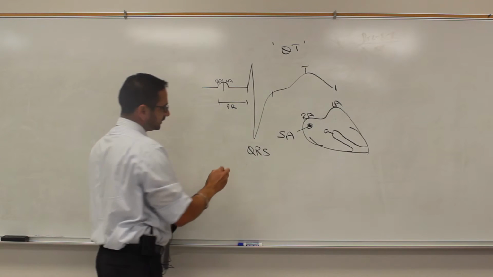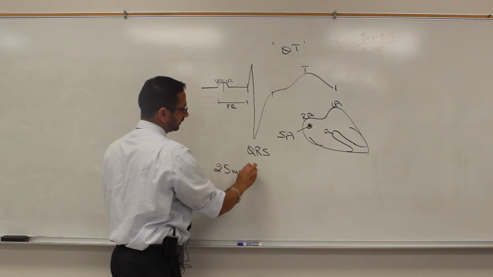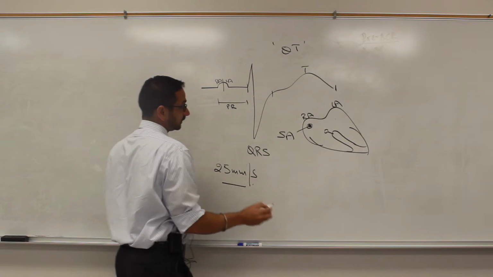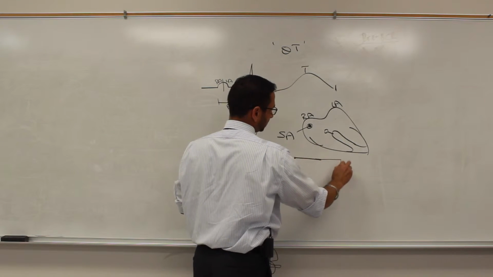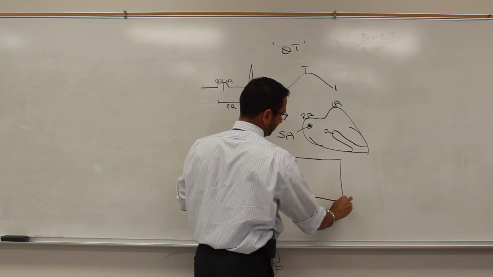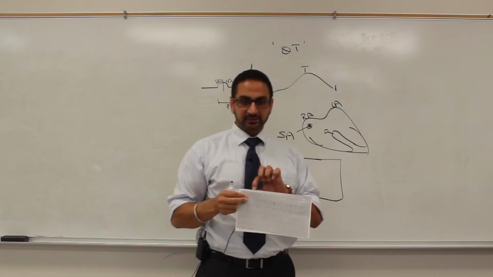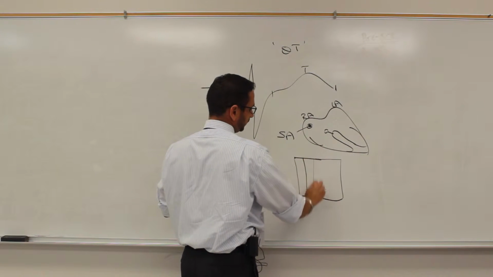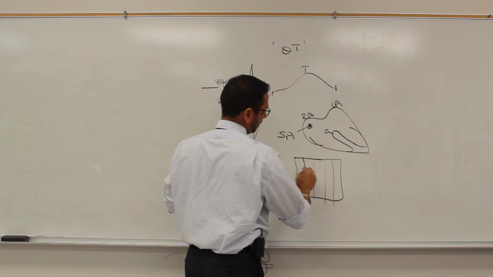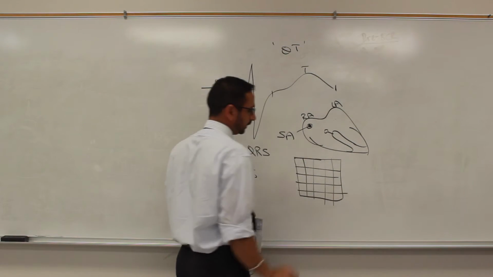Because the EKG speed is 25 millimeter per second, we have a big box on the EKG. I'm pretty sure you're all familiar with it, right? These are all big boxes, which are further divided into 1, 2, 3, and 4.